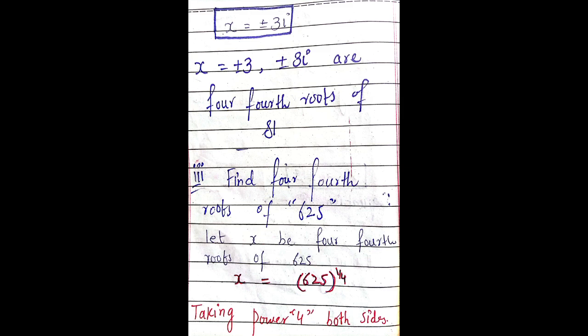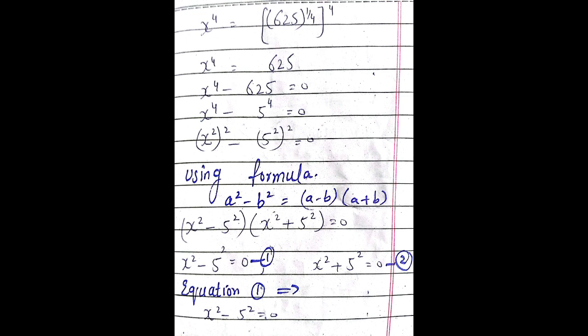It means x is equal to 625 whole power 1 by 4. Then taking power 4 on both sides, it will become x power 4 is equal to 625 power 1 by 4, whole power 4. Then 4 power multiply 4 power 1 by 4, and just 625 remains.